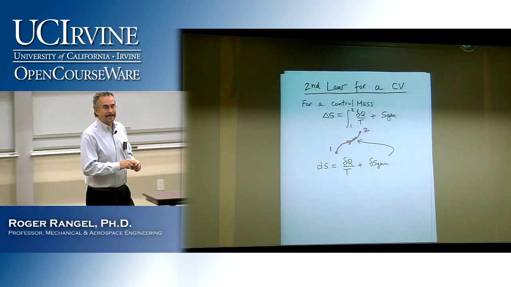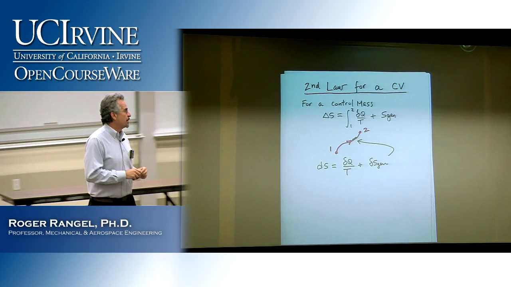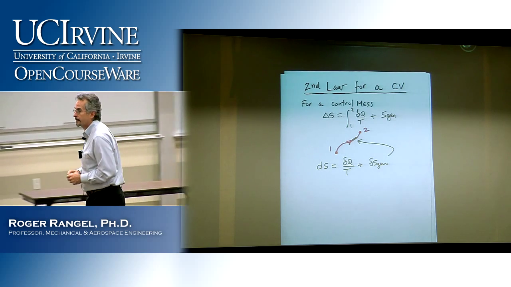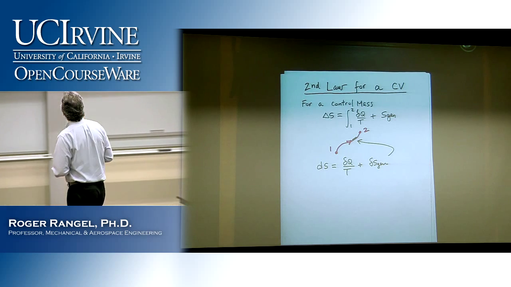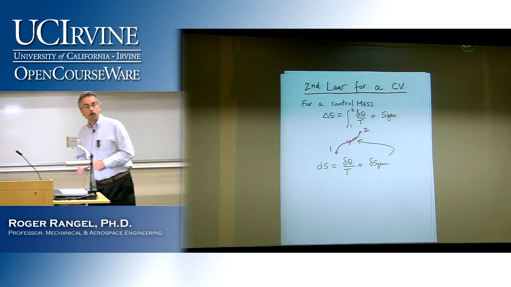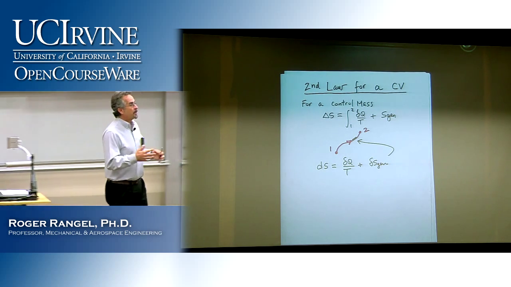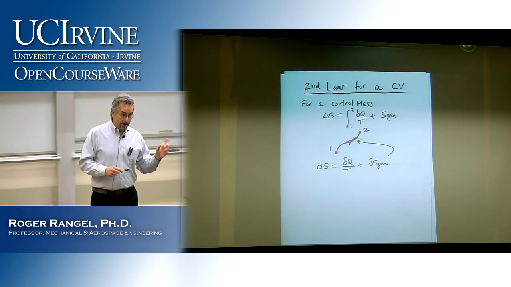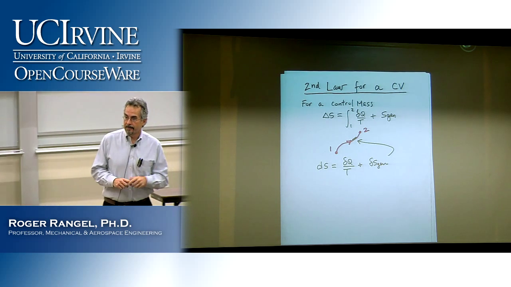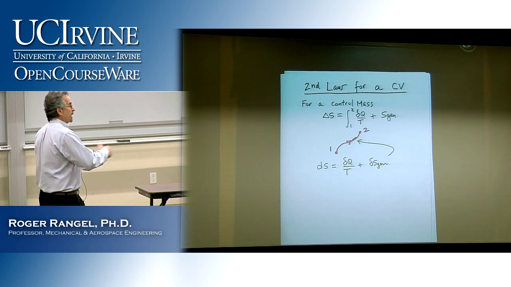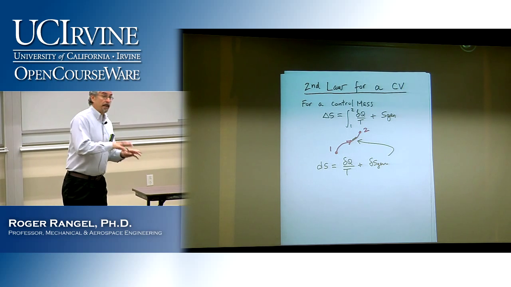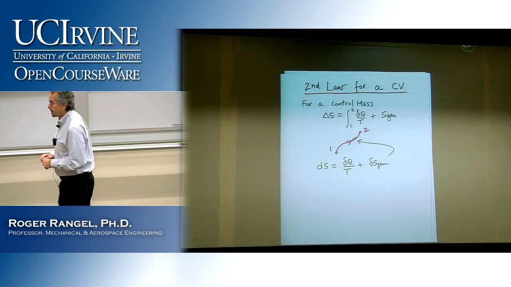Notice how I write the delta entropy generation with the broken delta, just like I did for the heat transfer and the work earlier in the course, because it's also a quantity that is dependent on the path that you follow. The amount of entropy that a process generates depends on the process itself.